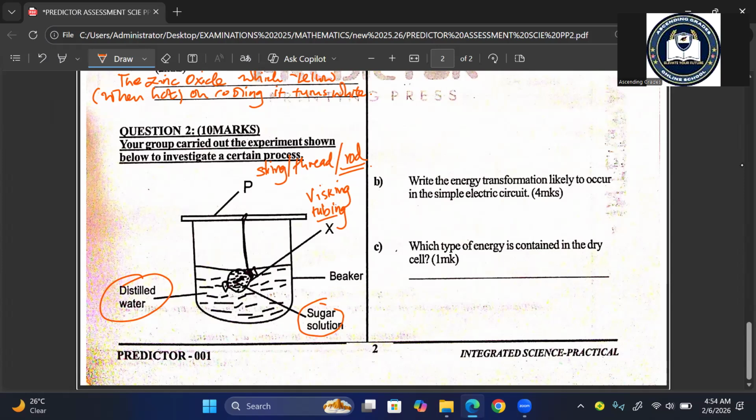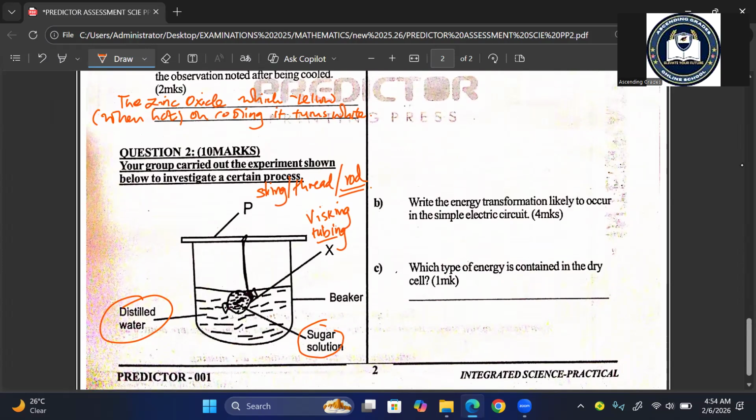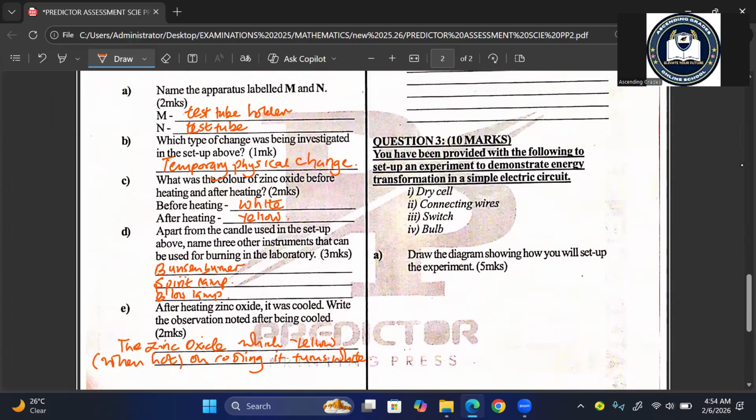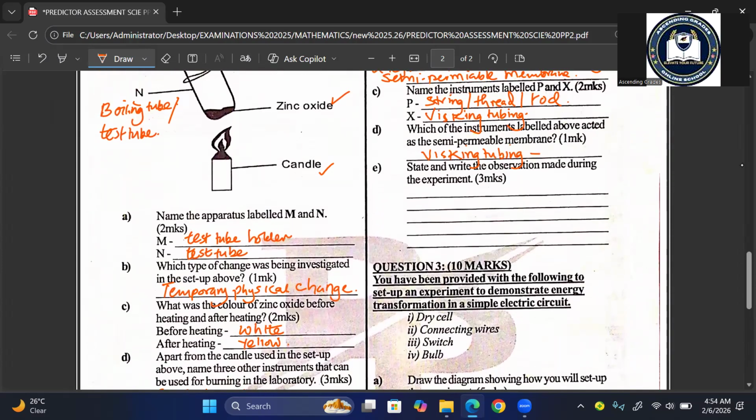We do expect the sugar solution level in the Visking tubing to increase. Or we can say the Visking tubing swelled because the water content will have entered.